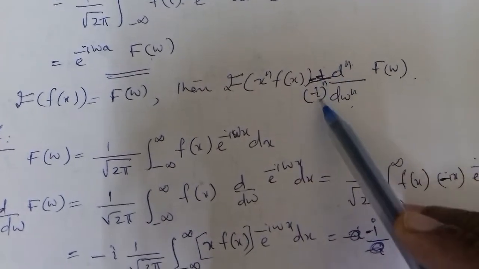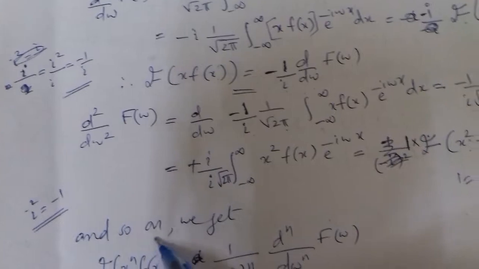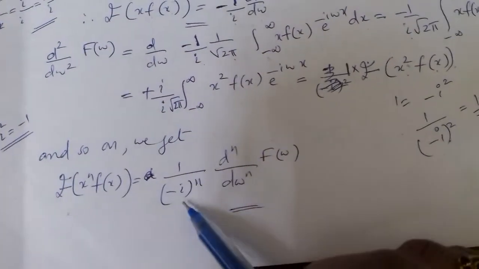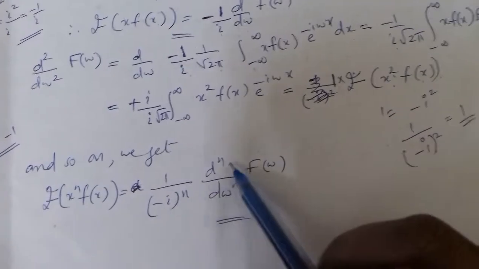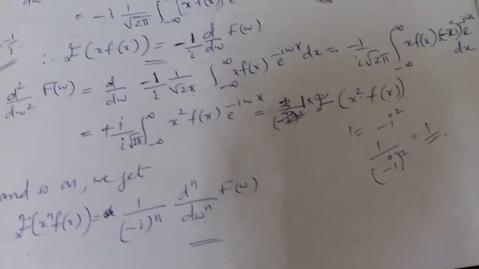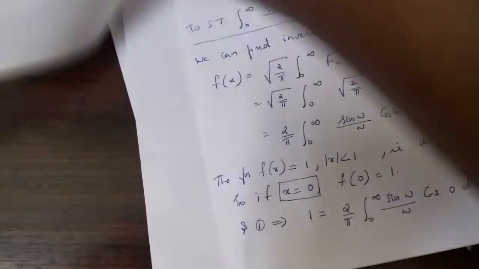Same way, and so on, we get the Fourier transform of x raised to n f of x is 1 by minus i the whole raised to n, d raised to n by d omega raised to n of F of omega. That's the next property.